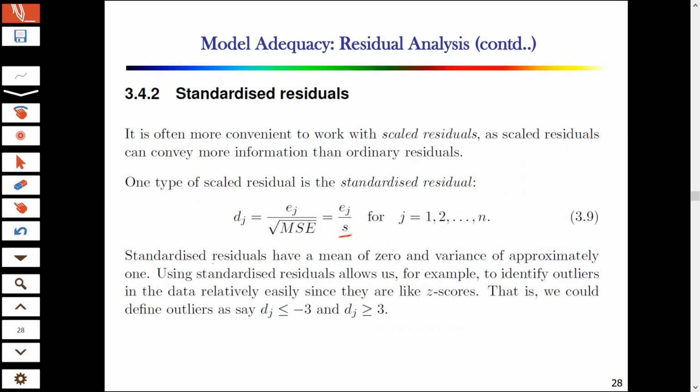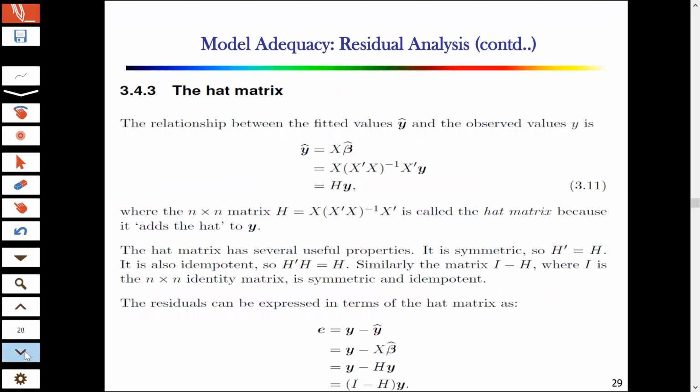Standardized residuals have a mean of 0 and variance of approximately 1. Using standardized residuals allows us, for example, to identify outliers in the data relatively easily, since they are like z-scores. That is, if any standardized residual is less than negative 3 or greater than 3, we can treat it as an outlier. So this is the standardized residual.